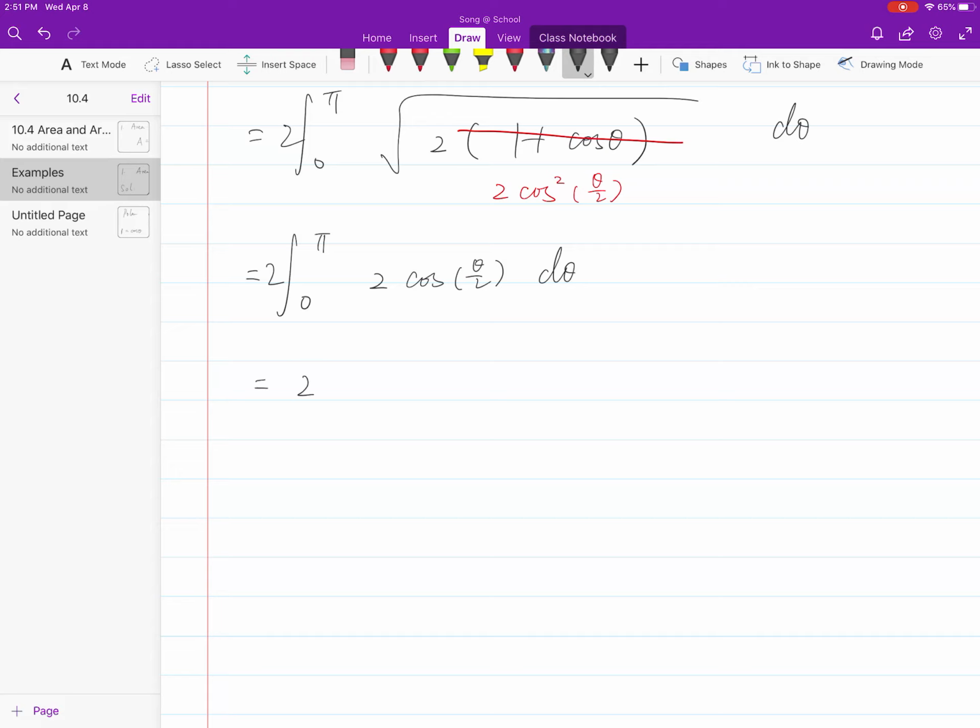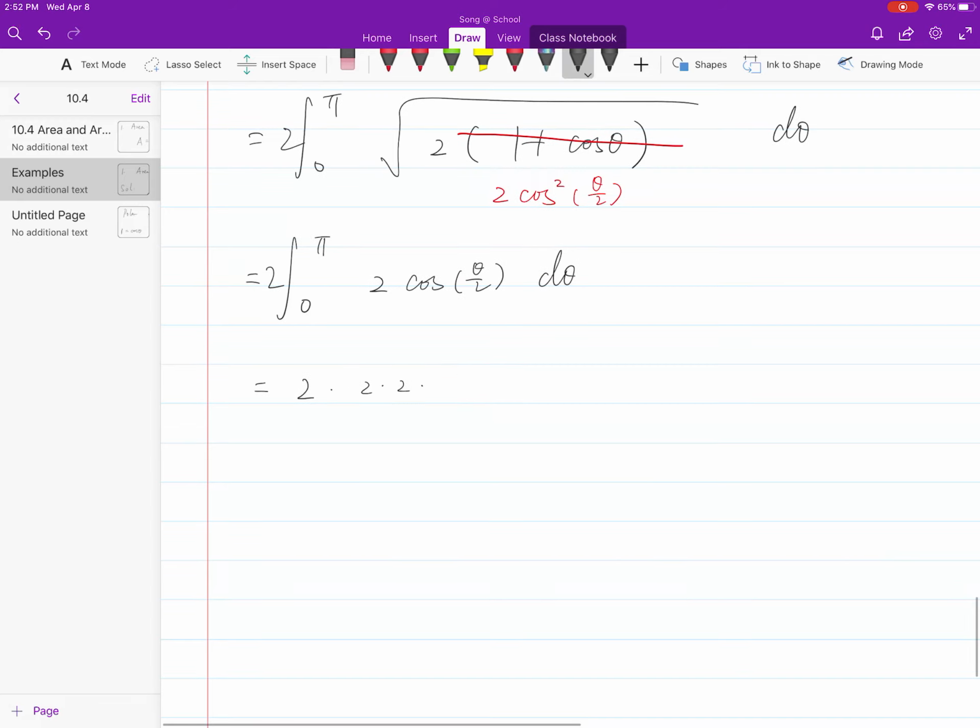So 2 times 2 times 2 times sine theta over 2. This 2 was from here, this 2 was from here, and this 2 comes from the derivative of sine theta over 2, because you have a chain rule. You need to have a 1/2, you need to cancel that.